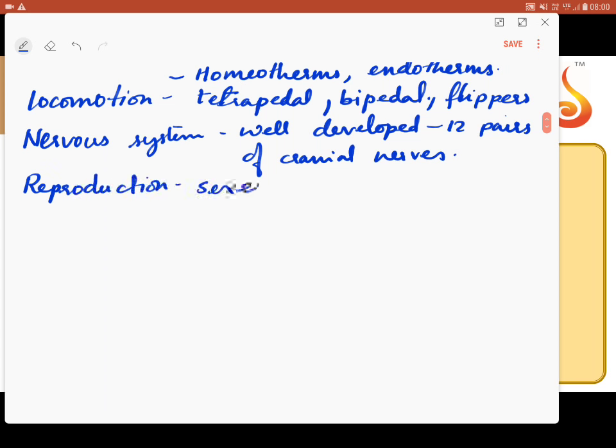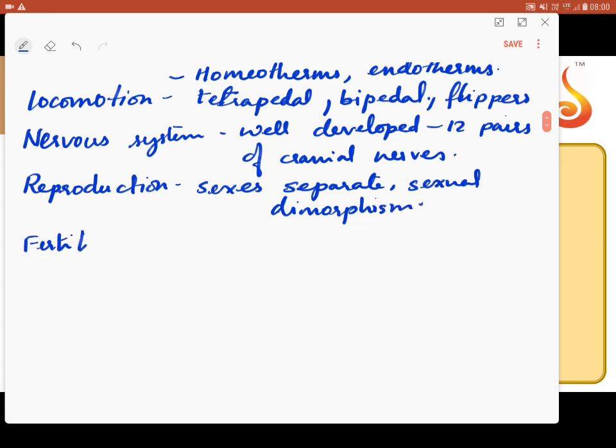Sexes are separate with sexual dimorphism seen. Fertilization internal, development direct.